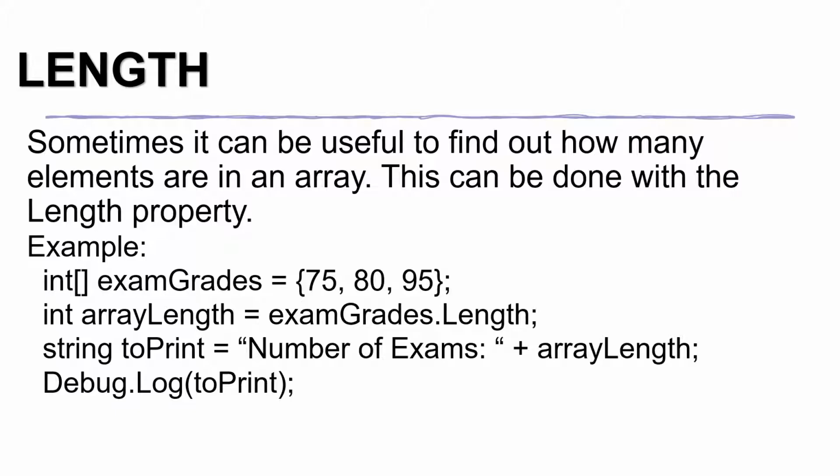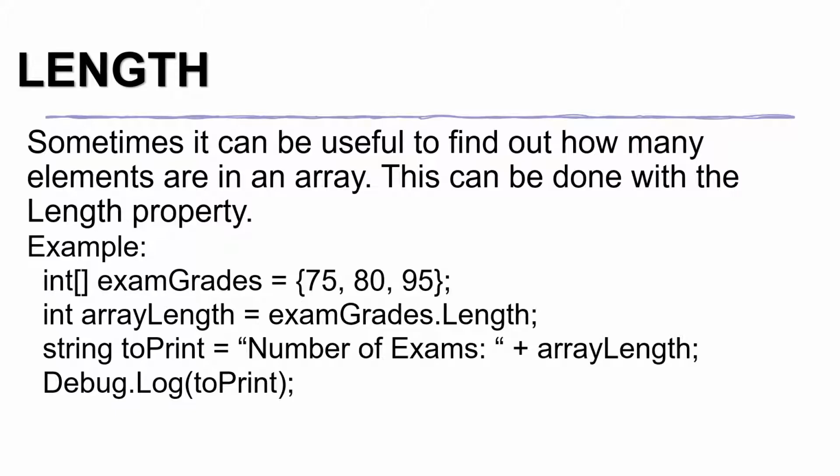So length is one of those properties that you're going to find you're accessing a lot when it comes to arrays, because sometimes it can be useful to find out how many elements are in an array. We can do this using the length property.